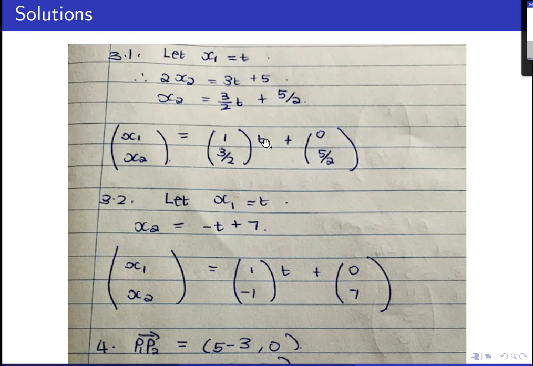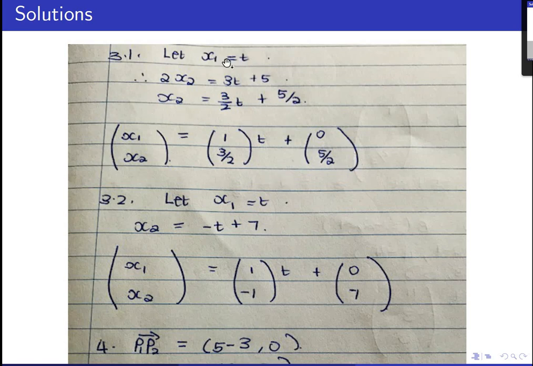So x1 is just the same as t. In the second component, t has a multiple of 3 over 2, so we have 3 over 2 as the second component of the vector. And the y-intercept in this case is not 0, it's 5 over 2. So the vector representation will be of this form.